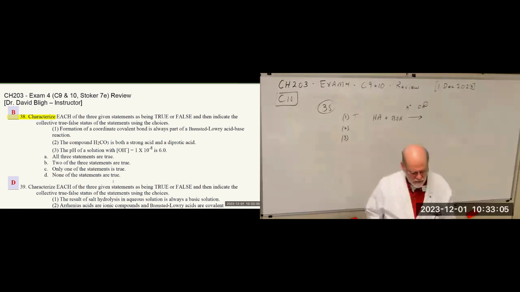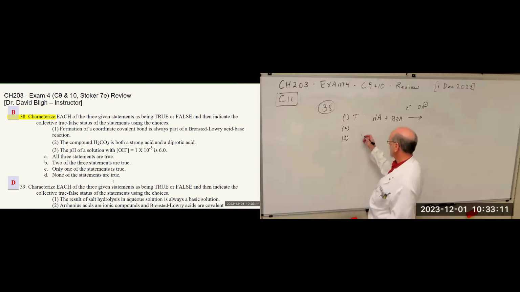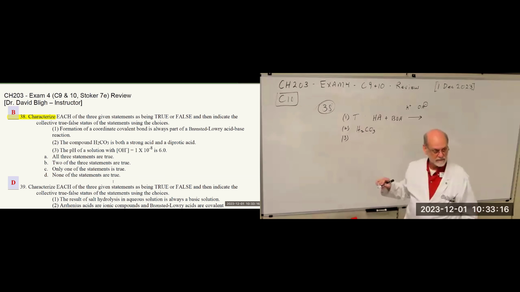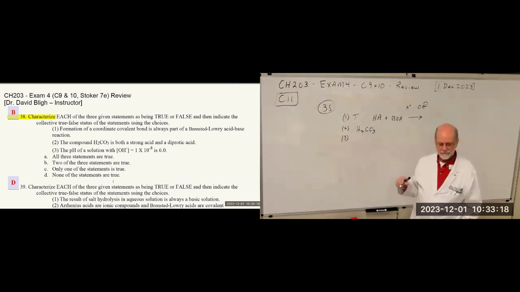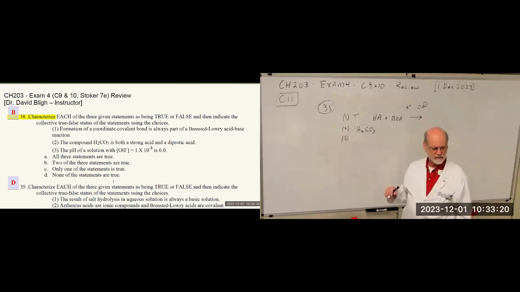Okay. So 2, the compound H2CO3 is both a strong acid and a diprotic acid. It is a diprotic acid, but it's not strong. That's carbonic acid. That's what you get in pop.